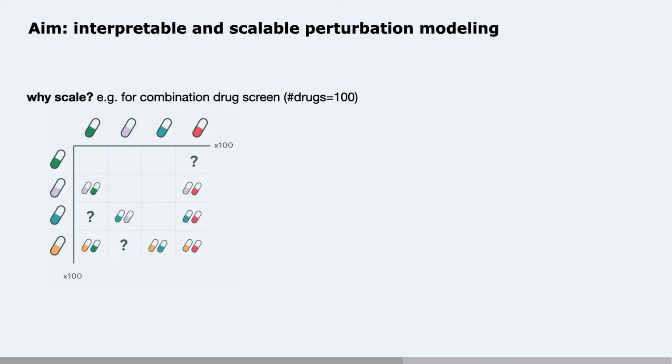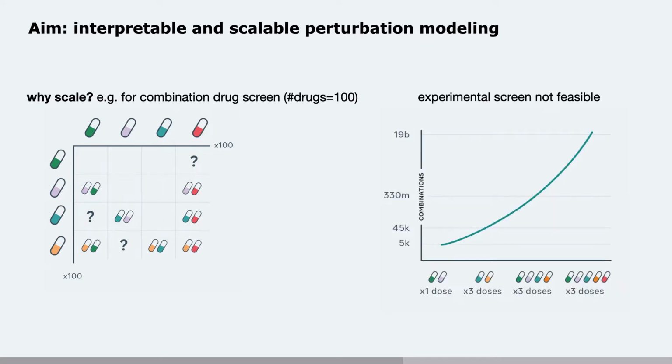The motivation is that single-cell experiments, with all these advances, are still an expensive technology. And if you want to use single cell for drug discovery, specifically combinatorial drug discovery, it's hard due to the nature of drug combinations. So you have combinatorial explosion, and also these single-cell technologies are expensive.